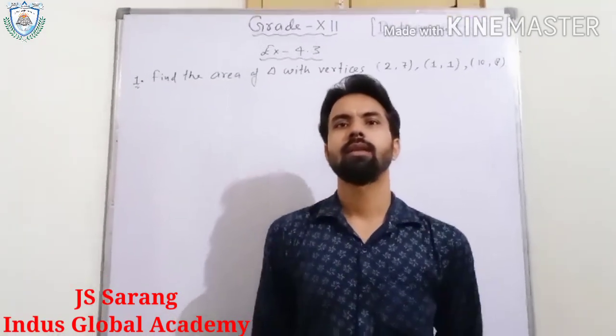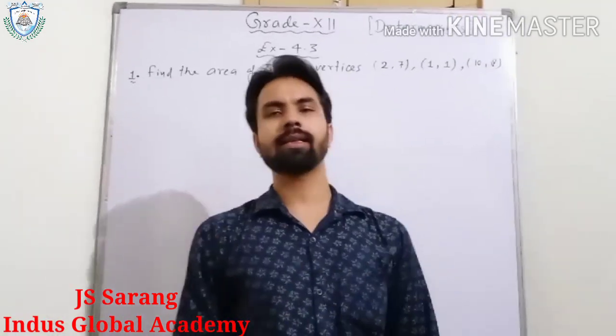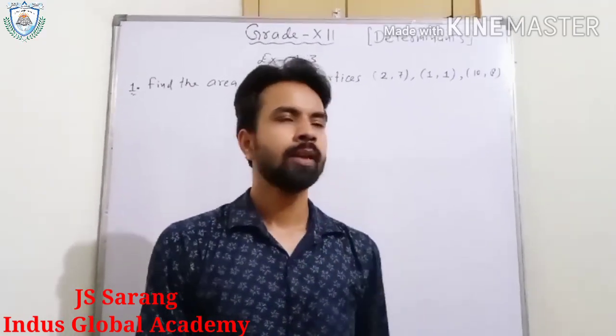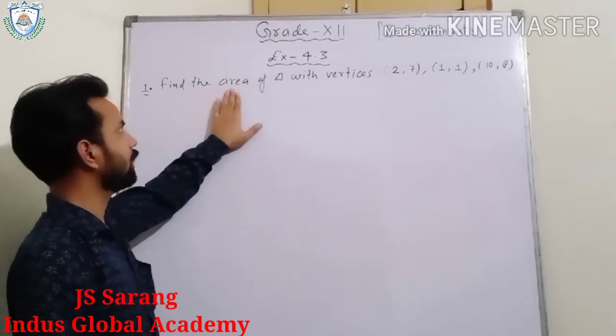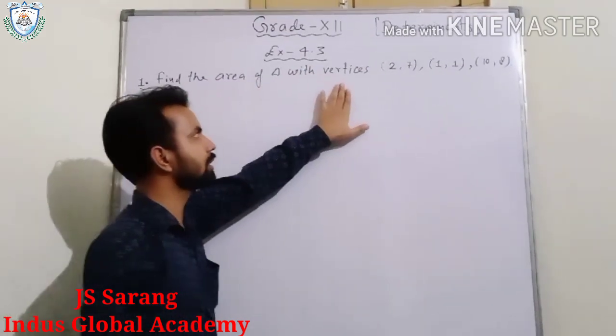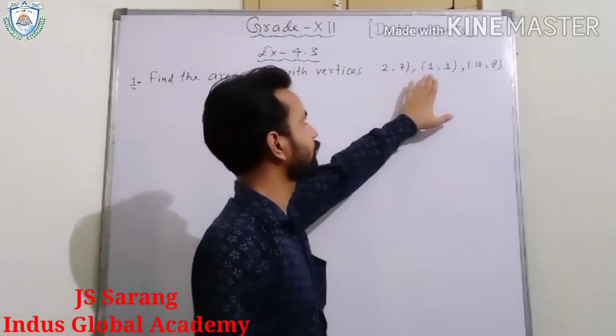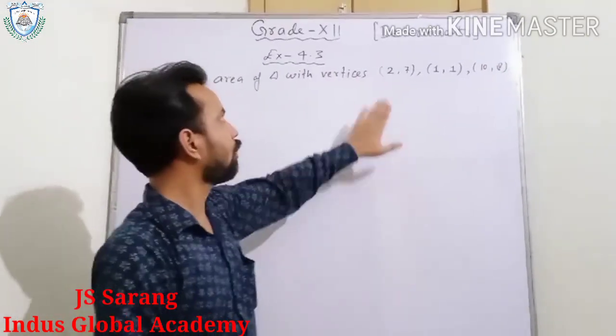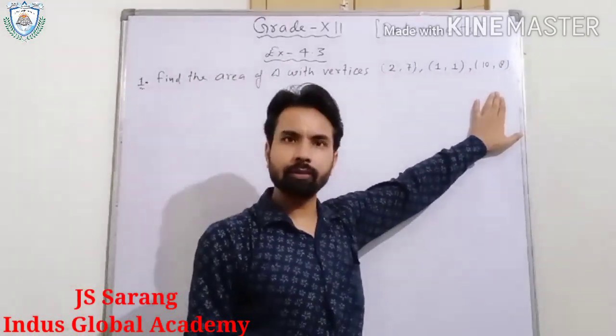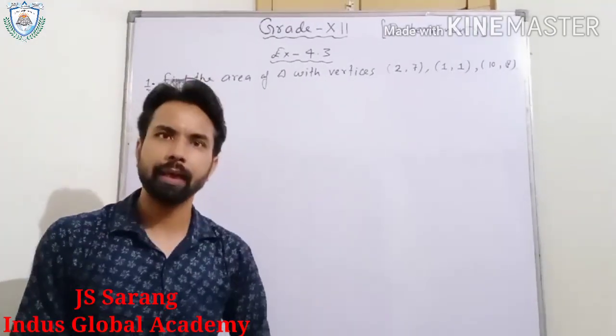Okay students, now I am going to explain exercise 4.3. The very first question is: find the area of the triangle with vertices 2, 7, 1, 1 and 10, 8. All three vertices are given and we have to find the area.